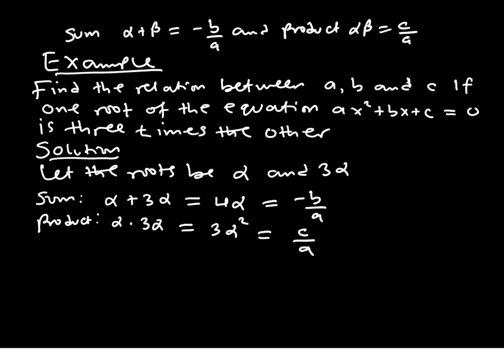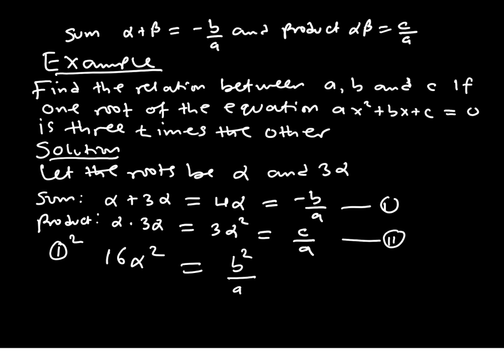Now they want a relation between a, b, and c. So in this case, what we struggle for is to eliminate alpha. If this is my equation 1 and this is my equation 2, I can see that if I square 1, I will have 16 alpha squared is equal to b squared over a squared. Why am I struggling? Because I'm going to eliminate alpha.